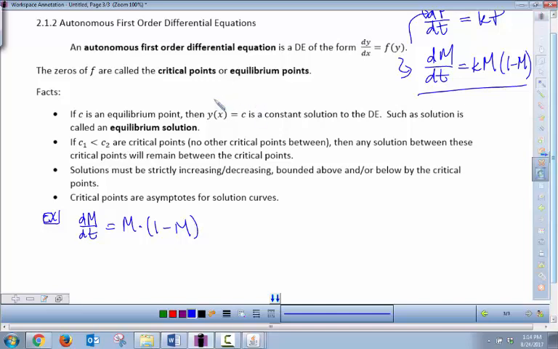So let's try to see how we can relate the facts to this particular differential equation. Let's first find the critical points. So if we set m times (1 minus m) equal to 0, we're going to get m is equal to 0 and m is equal to 1.